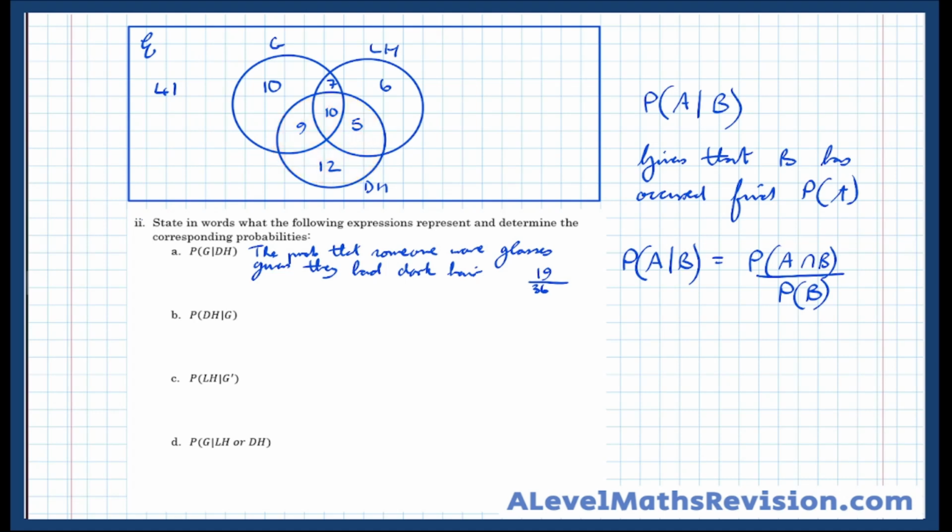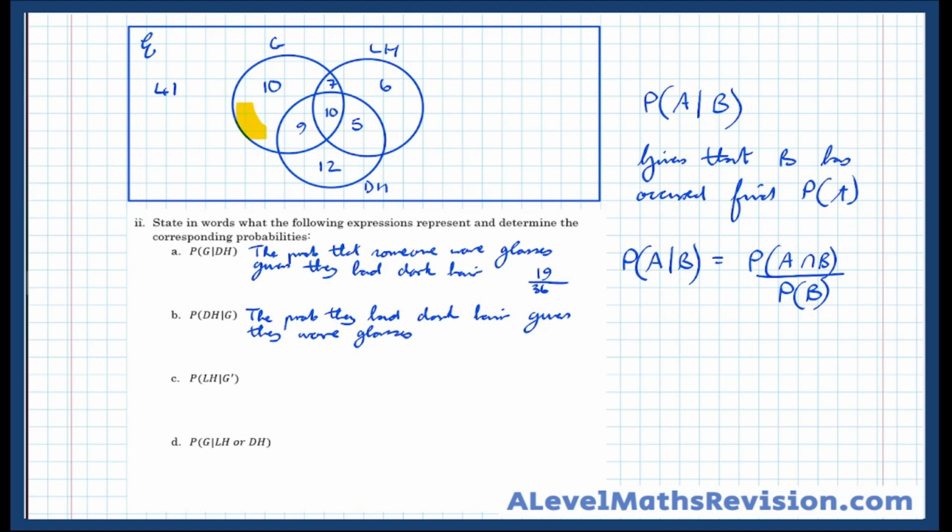The probability that they have dark hair given that they wore glasses. So just writing that down. The probability they had dark hair given they wore glasses.